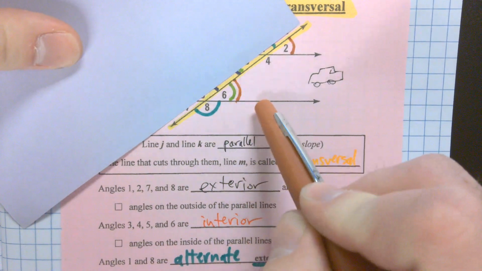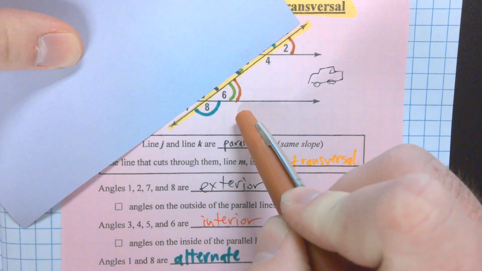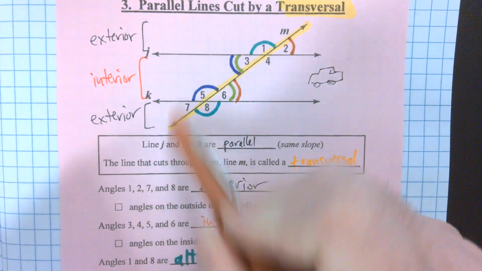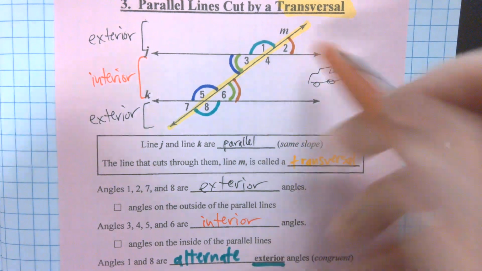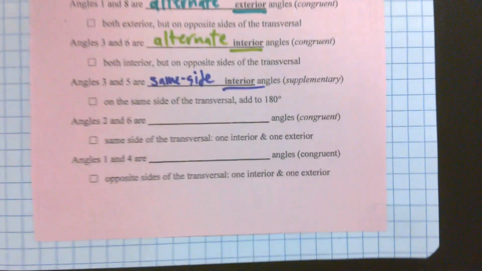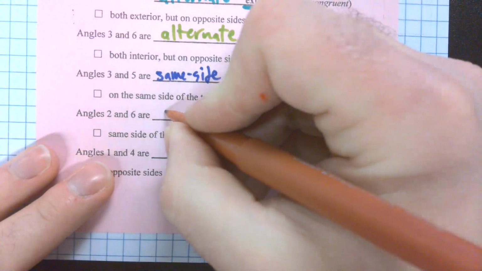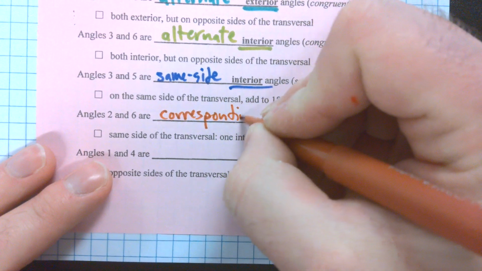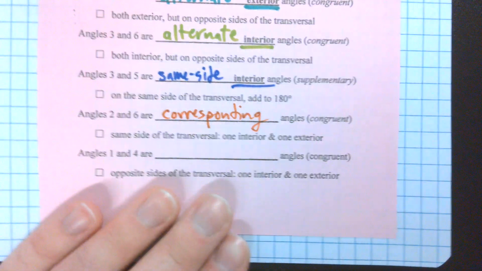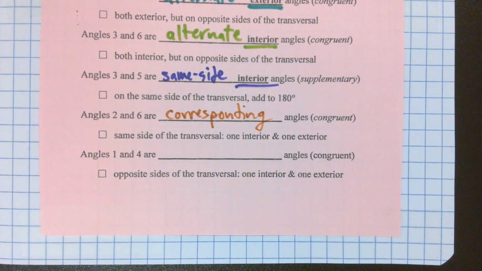Same side. They're both to the right of it. So we can't call them interior or exterior because we have one of each and they're on the same side. Those are called, and this is always the one that confuses people the most, corresponding angles.